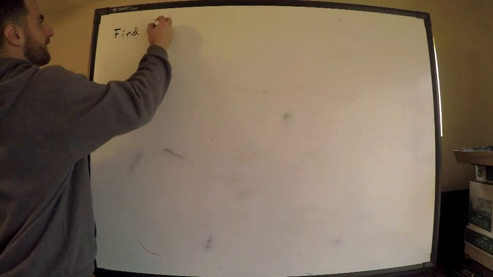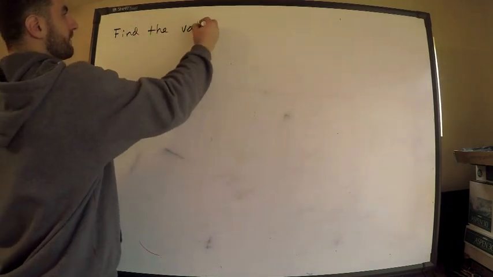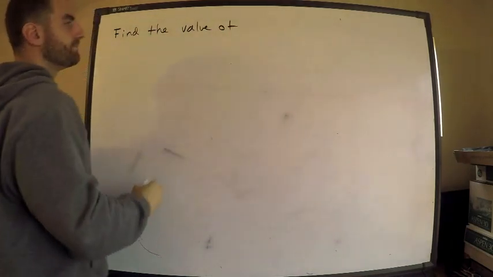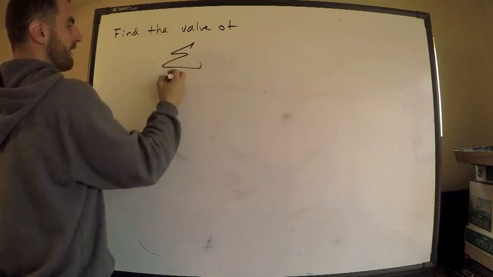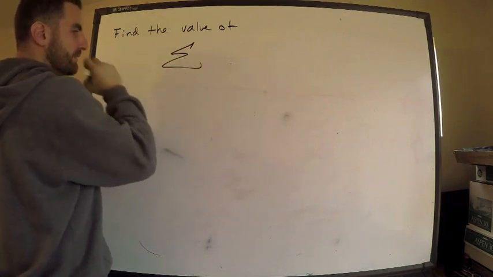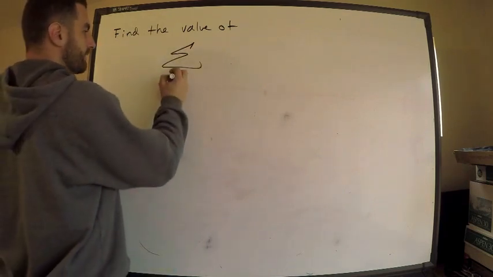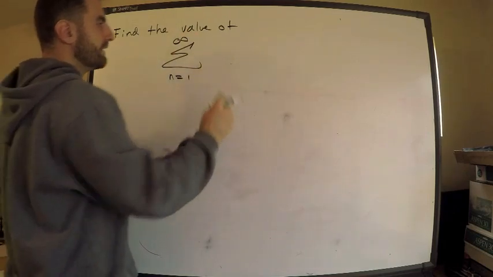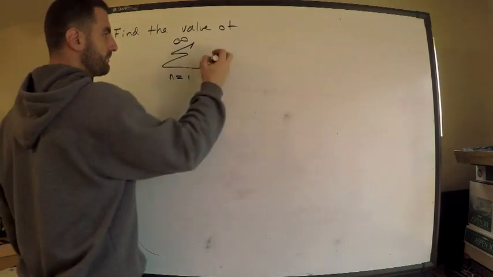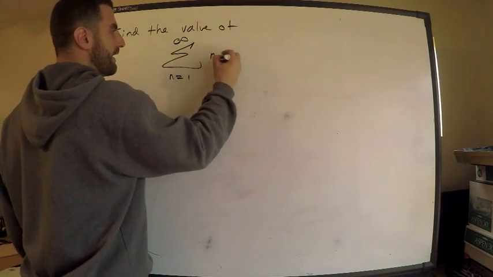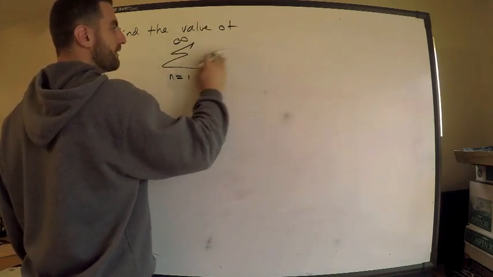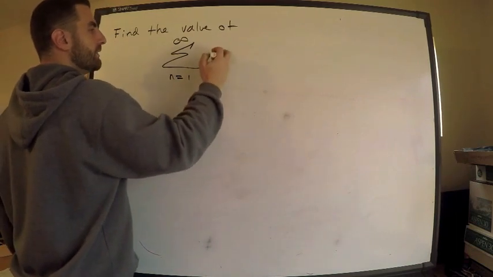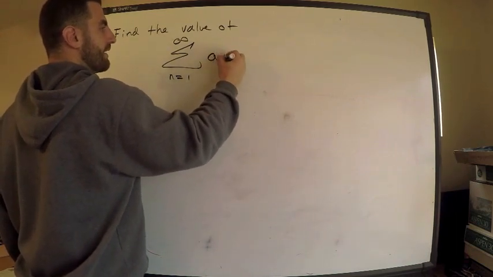Find the value of the sum from n equals 1 to infinity of a n r to the n minus 1.